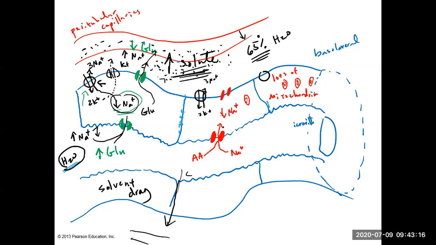So we know what happens to the sodium once they get in. They're going to go outside, and the amino acids are going to go through their channel as well. So again, you are reabsorbing amino acids. So a lot of reabsorption, as you can imagine, is happening in here.